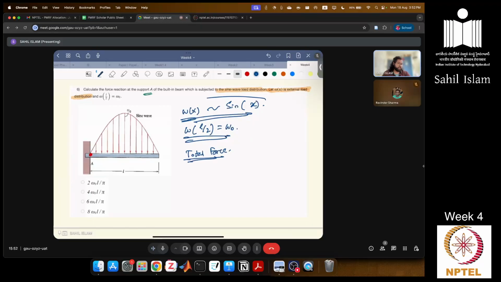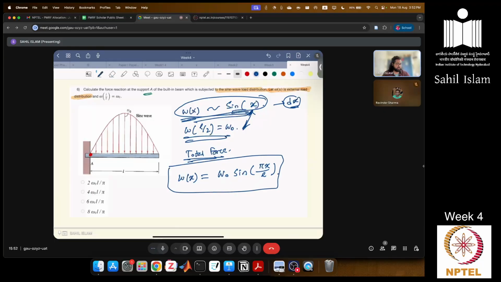This means at small dx, this force is getting applied. So how do we include this? We can write omega x to be omega 0 sine pi x by L. If you ask how did I write this, if you know about this kind of function, you can intuitively write it.